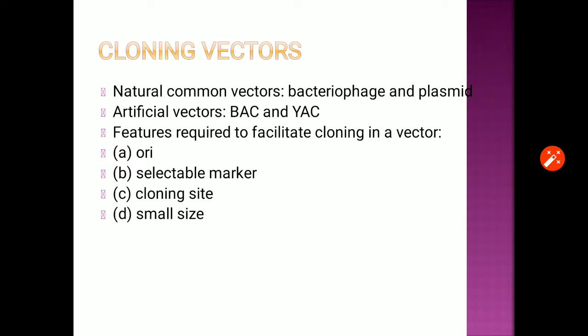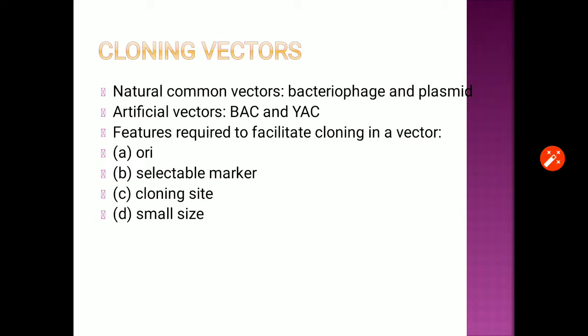Now, about the cloning vectors. Basically, vectors are the agents which transfer a gene from one body to another body. In DNA technology, the vectors are the agents or the media which transfer the gene from one cell to another cell.